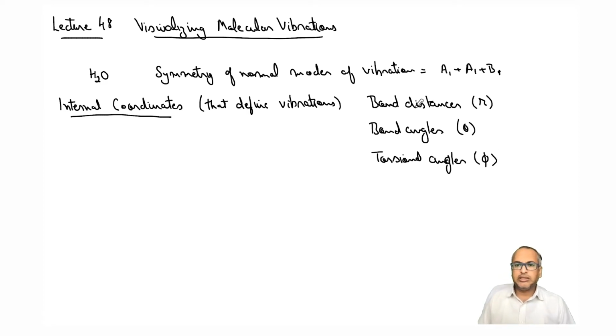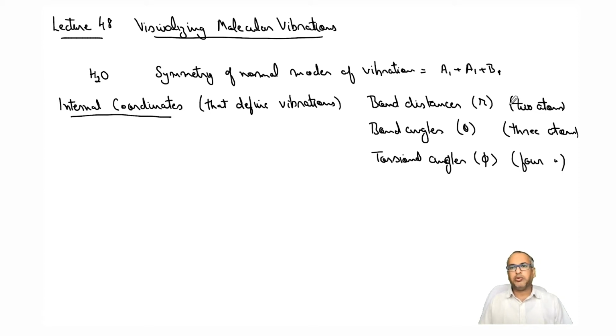To define a bond distance, you need 2 points or 2 atoms, right? To define a bond angle, you need 3 atoms minimum. And to define a torsional angle, you need 4 atoms minimum. Okay, so that is the requirement.